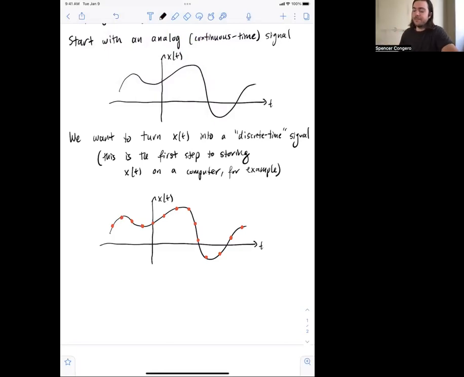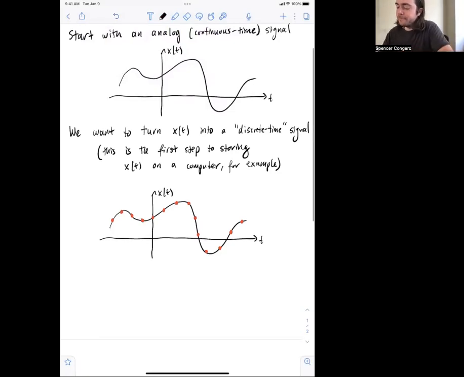So that's why I said this is the first step to storing on a computer. First step is you break it up on the time axis. You discretize the time axis. We don't store the x of t values at any point in time. We only store them at these points in time corresponding to the red values. That has now made our task for storing the signal on a computer a lot easier.